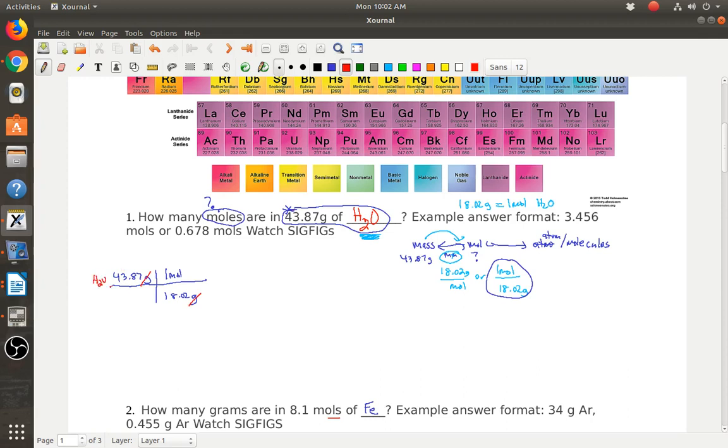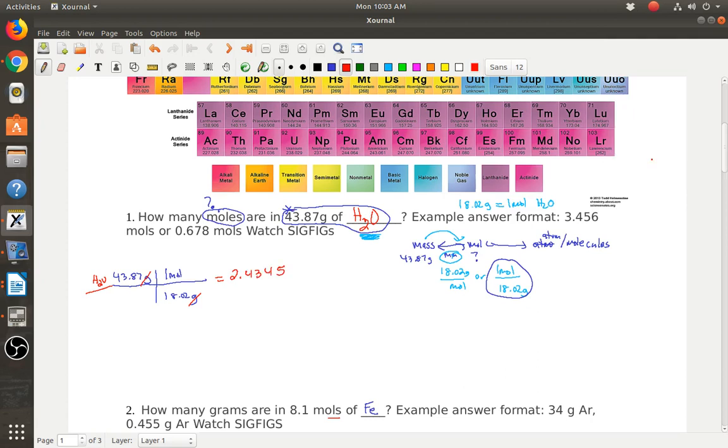You should always write the molecule too, and if you're not, you're going to cause yourself more errors. If you're not putting your units in there, you will not be able to do it as correctly. I've noticed when I was grading them, a lot of people didn't put units in, or if they did put units, they didn't make sure they canceled. So when you got to the end, you gave me an answer, but the units would not have made any sense. So now we just have to take 43.87 and divide it by 18.02.